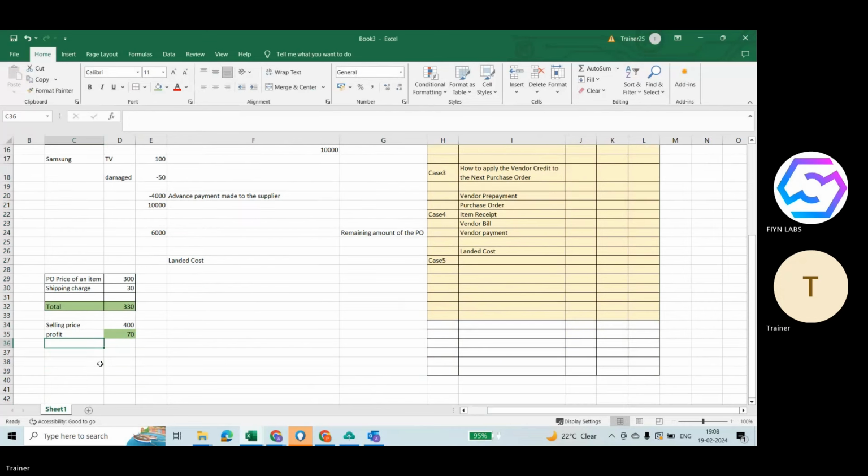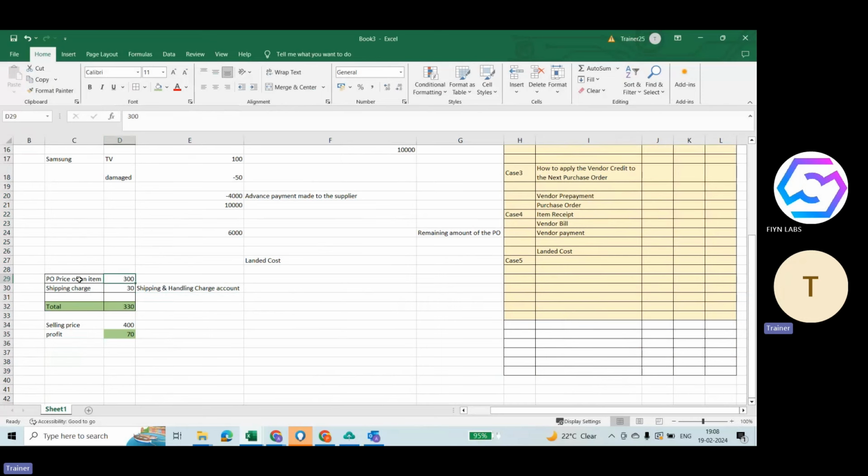However, some customers say that no, we have a separate tracker for that $30. We have a separate shipping and handling charge account that we created, and they want the pricing of the product separate from the delivery charge.